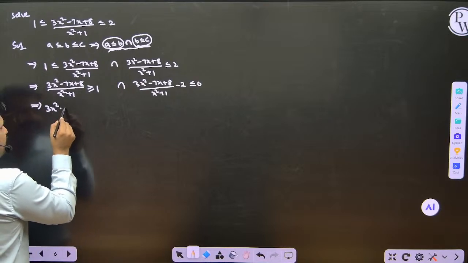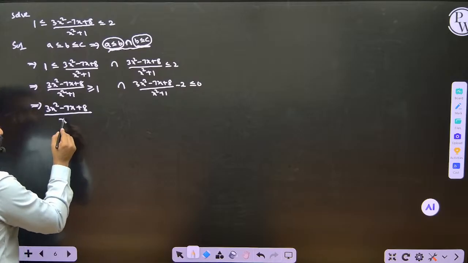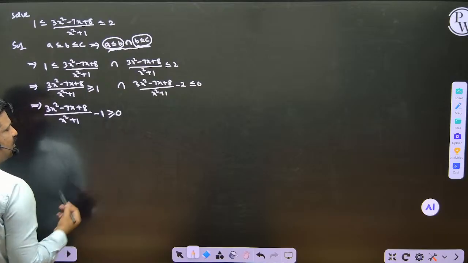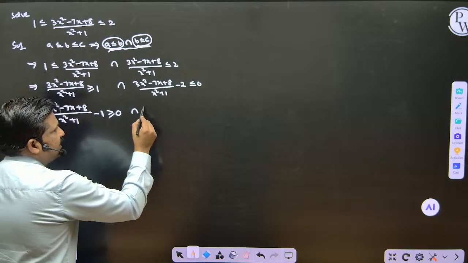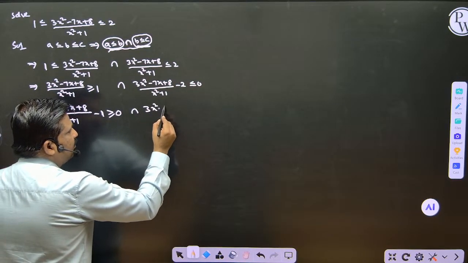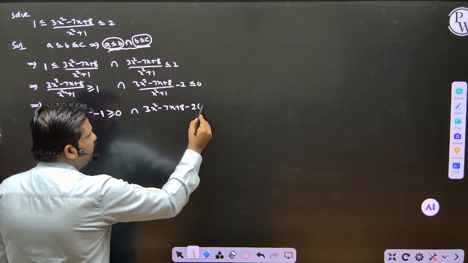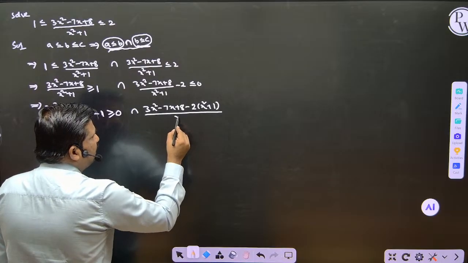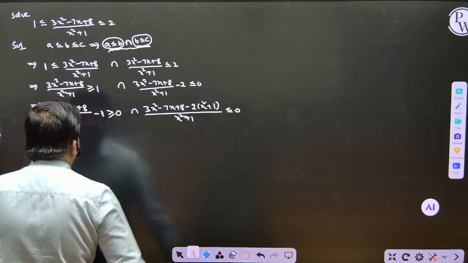3x square minus 7x plus 8 divided by x square plus 1 minus 1 greater than or equal to 0. This is simplified: 3x square minus 7x plus 8 minus 2 into x square plus 1, divided by x square plus 1, less than or equal to 0.